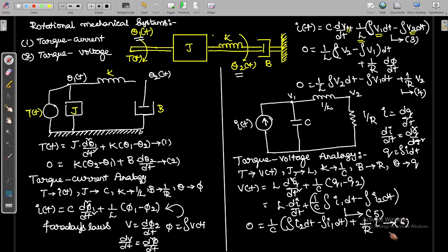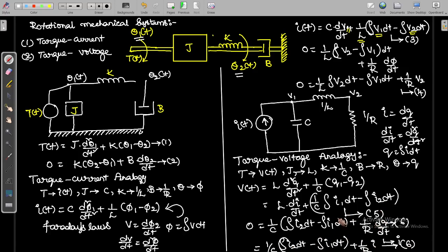For 5 and 6, dq by dt you already know as I. So we can write the final equation as 1 by c integral of I2 dt minus integral of I1 dt plus 1 by r into I. So this is equation number 6.